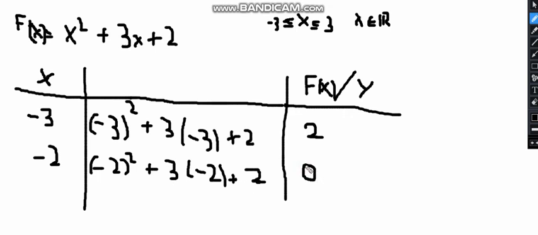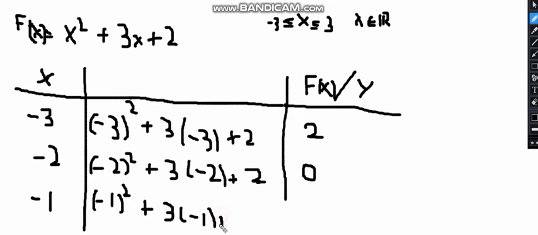Okay. So if we input in -2 into this function, we get out 0. Okay, let's try -1. So if we input in -1, repeat the same steps. So -1 squared is 1. 3 times -1 is -3. So that's 1 minus 3 is -2, plus 2 is 0.